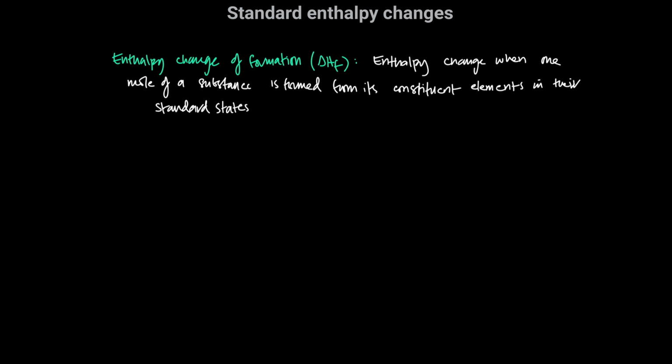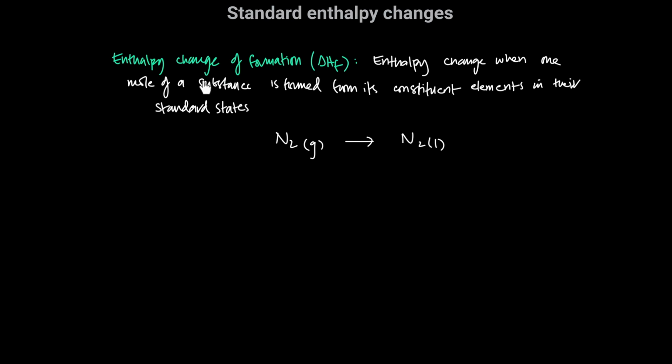So if you were going from nitrogen gas in its standard state to liquid nitrogen, this condensation would be the enthalpy of formation of liquid nitrogen. Now, liquid nitrogen obviously is not a standard substance, so the standard enthalpy change wouldn't apply here because this can't exist under standard conditions.